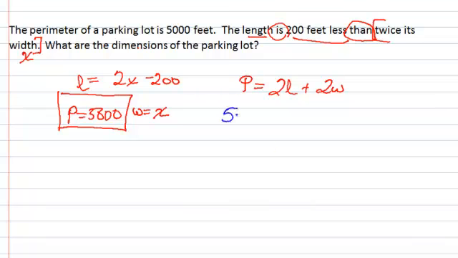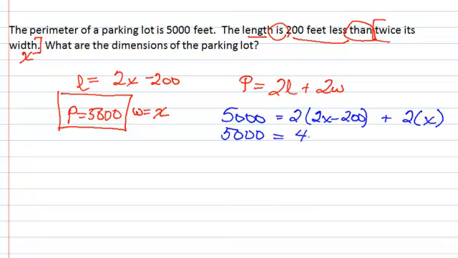So the perimeter is 5,000, and it is 5,000 feet. We'll worry about that later. 2 lengths is 2 times x minus 200 plus 2 widths, and w is x. And now we just start simplifying so we can go ahead and solve it. So I'm going to distribute. I'm going to combine like terms.